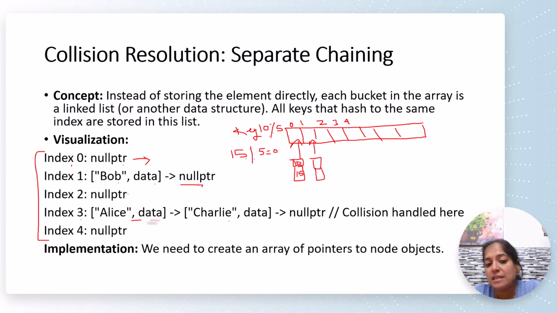So collision is handled here. We have multiple values for the same index, so we put them in a linked list. Then index 4 is again a null pointer. So we need to create an array of pointers to node objects. At each location in the array, we are going to store a linked list, which will store all the values of that particular index.